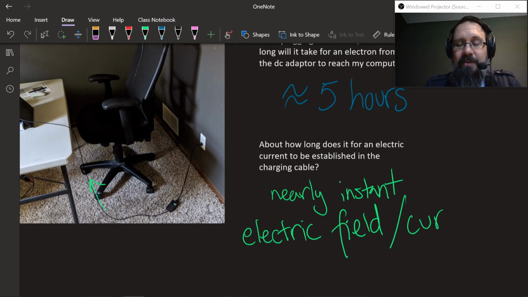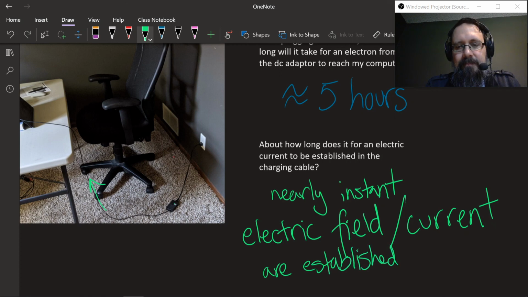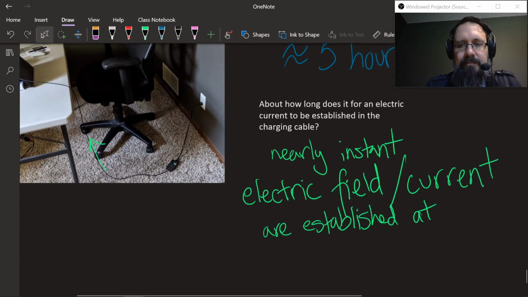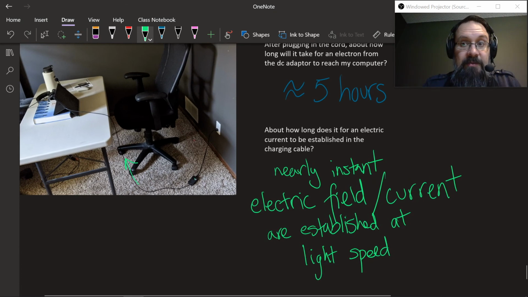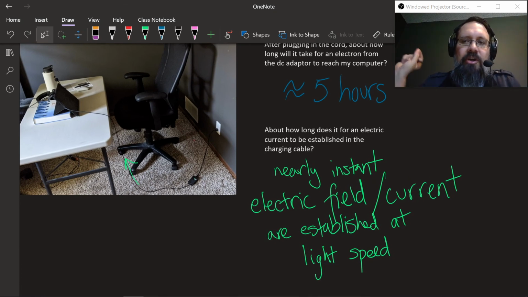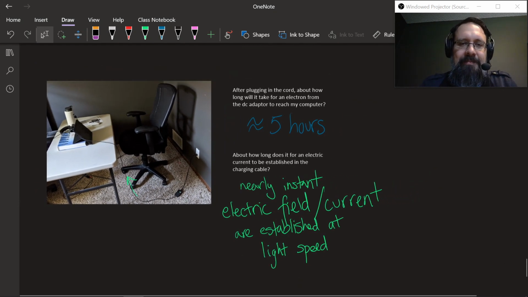And the speed of light is 300 million meters per second. Electrons move slowly, but electric currents get established quickly. That's the main idea.